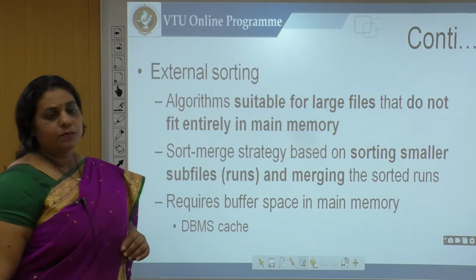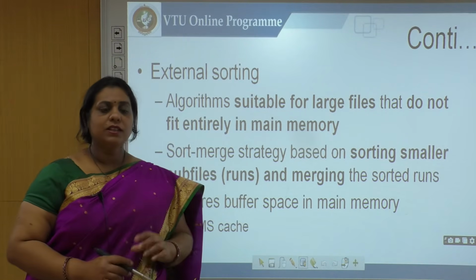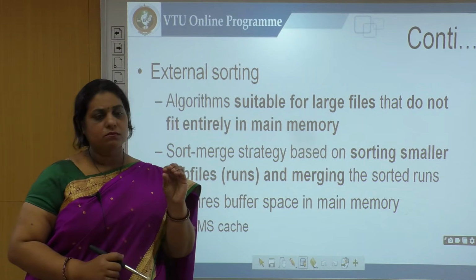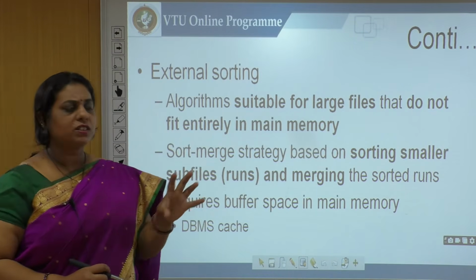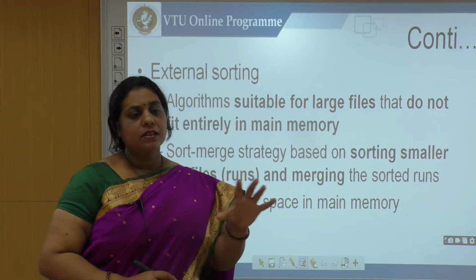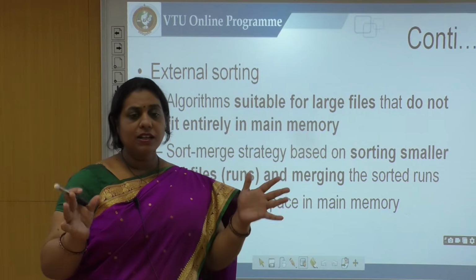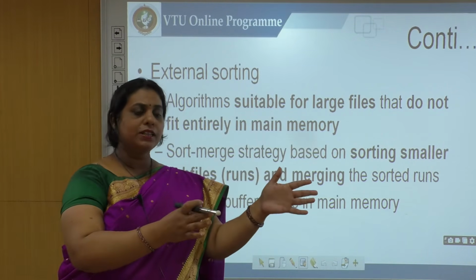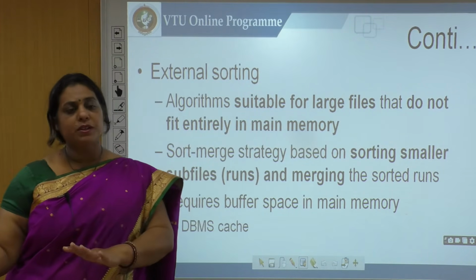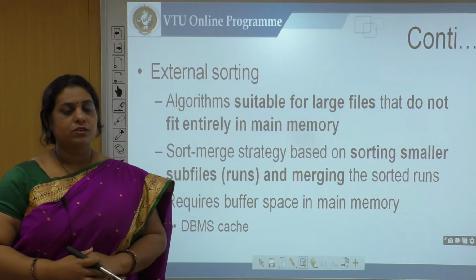When we use external sorting, it is not required for SQL queries dealing with just 2 to 10 rows. This algorithm is suitable for very large files that I am unable to fit entirely into main memory for execution.